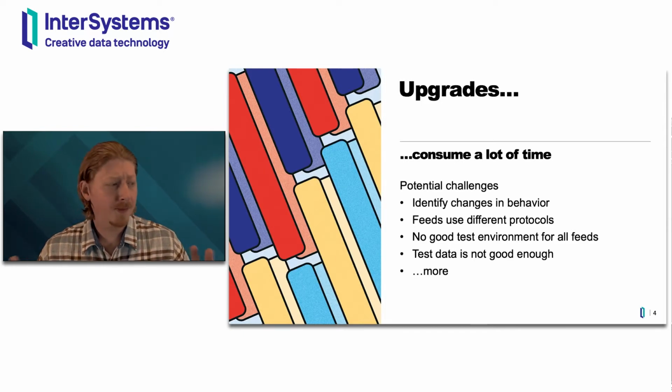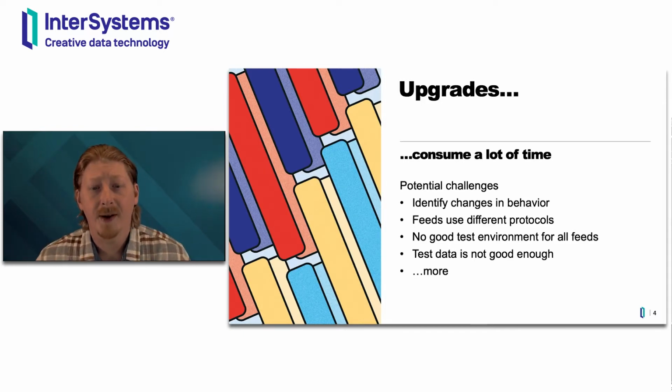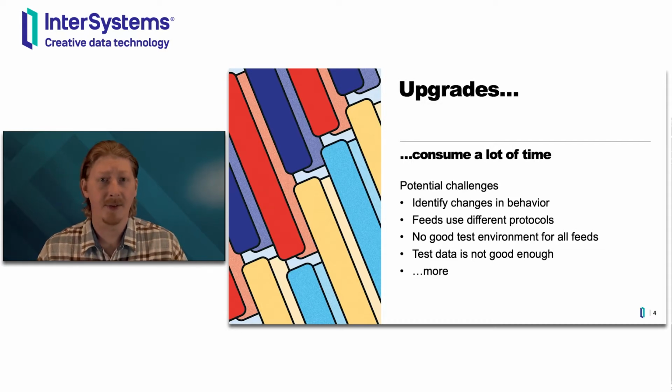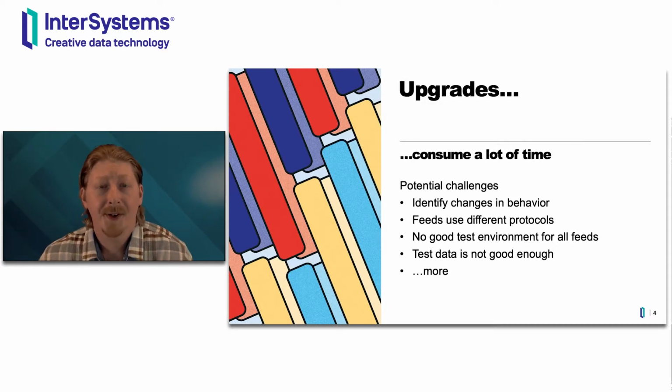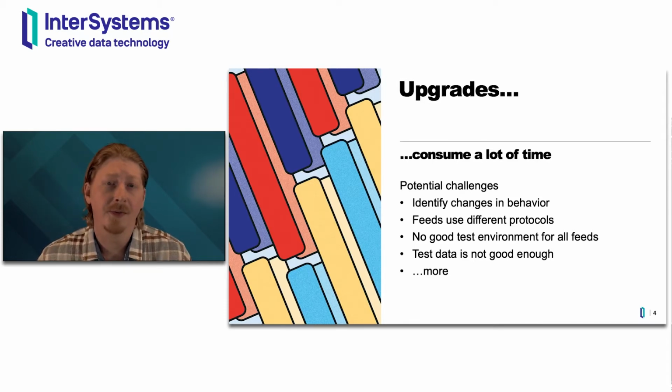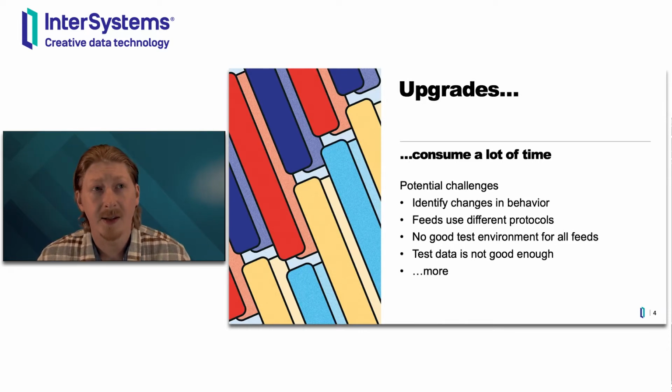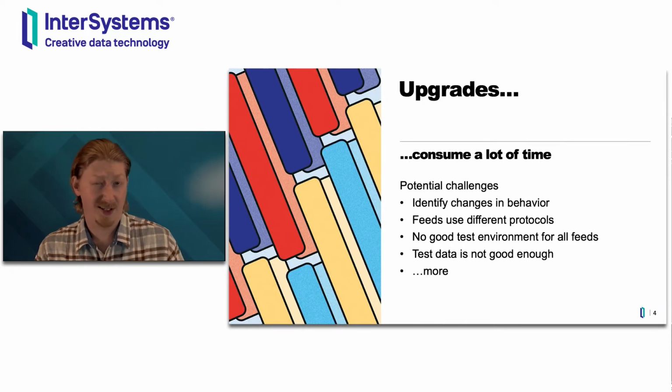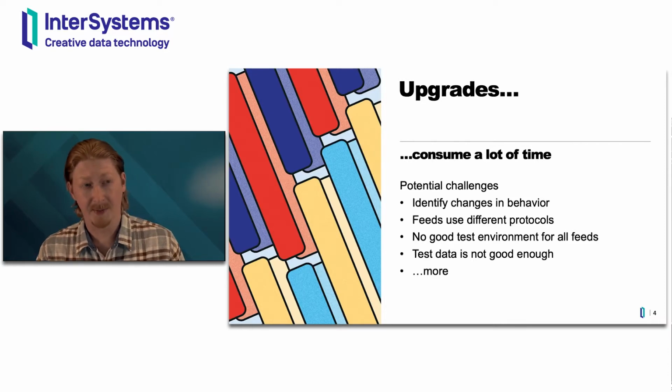And the problem really is that you want to identify any kind of changes in behavior overall, right? But it starts with very simple problems that not all your data feeds are using the same protocols, right? Some of them might be file-based, but other data feeds are coming in through TCP or through mail, which are much harder to isolate and temper in a test environment and make sure that they actually still behave similar to your production environment.